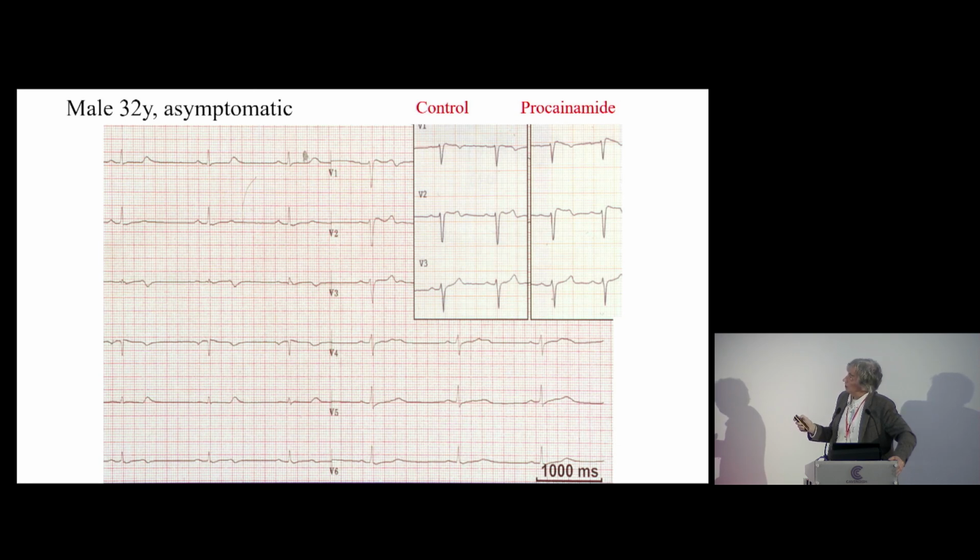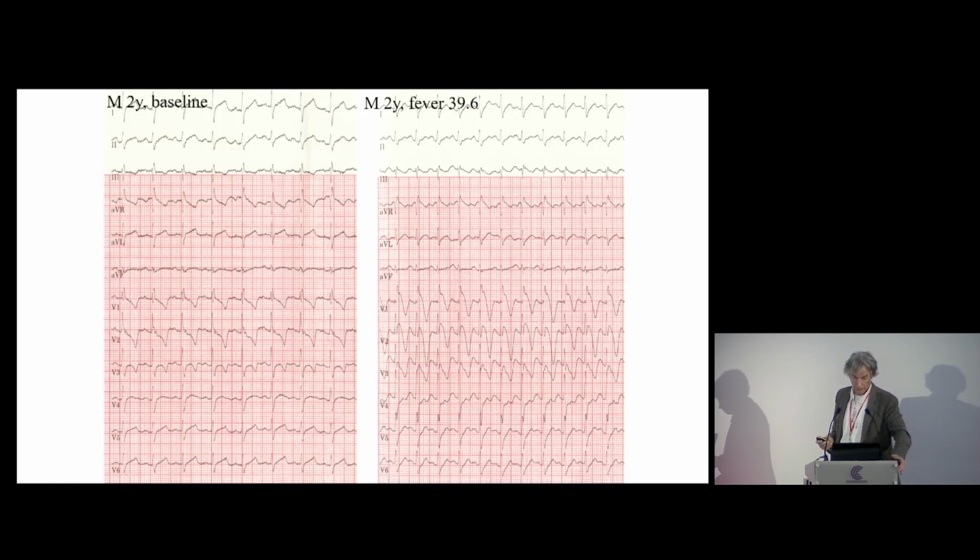At that time, we did the challenge with procainamide, and then you see that there is clear ST segment elevation. This is a 2-year-old male in the same family with a baseline EKG here at the left, and with an EKG during fever here, and you clearly see the pronounced ST segment elevation in the right precordial leads.